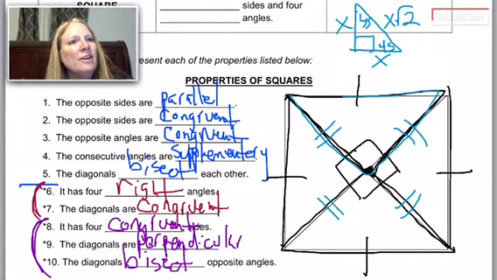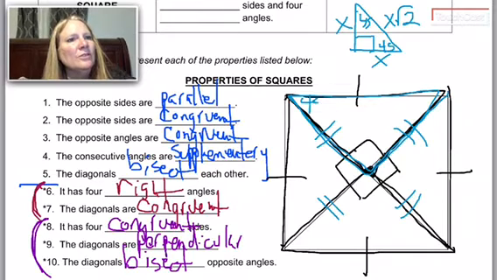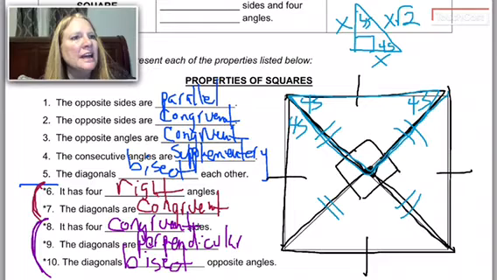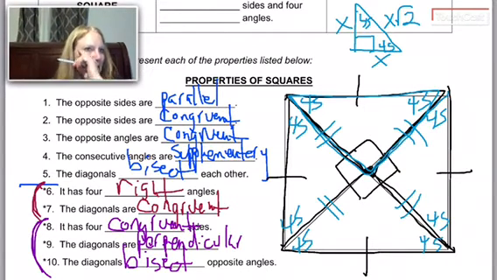This is a 45, 45, 90 triangle because the angles are 90, but the diagonals bisect the angles. So these are all 45. So we have 4 of those.